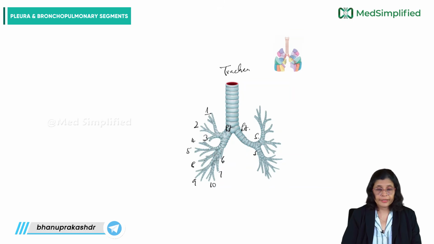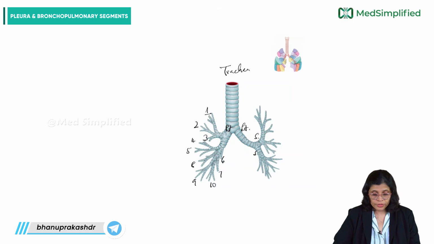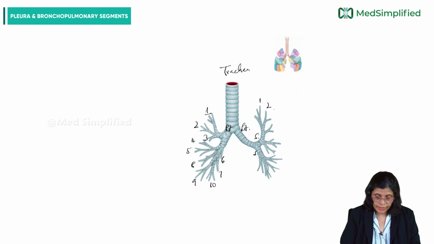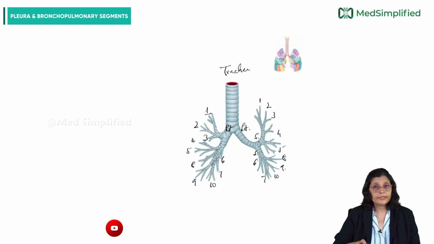So these are the 10 bronchi on each side. So the right side will have 10 bronchopulmonary segments, and similarly the left side will also have 10 bronchopulmonary segments.